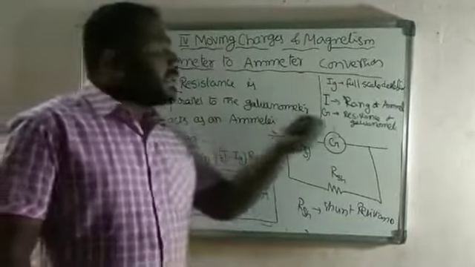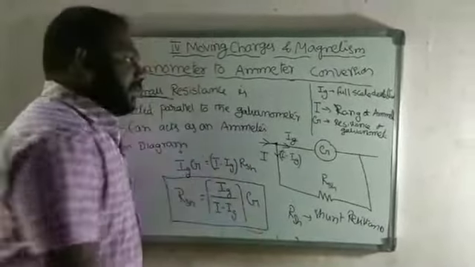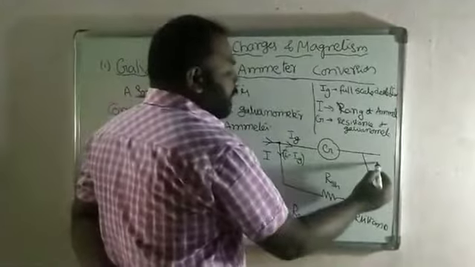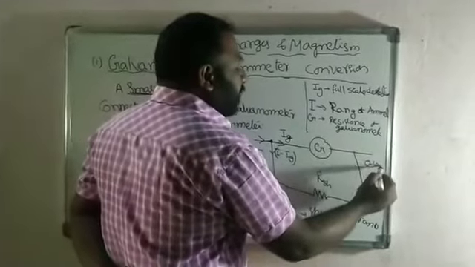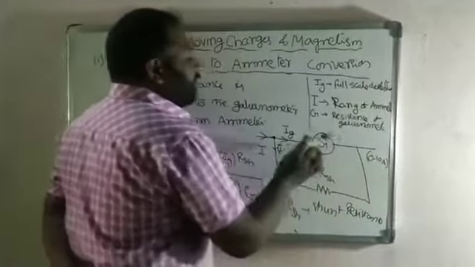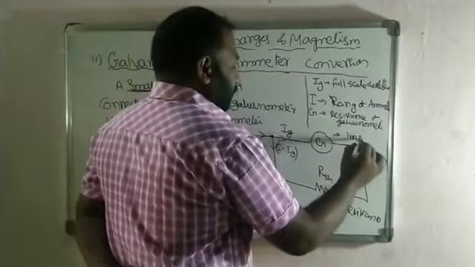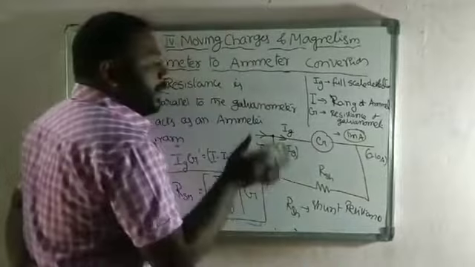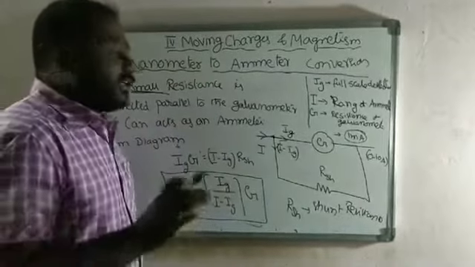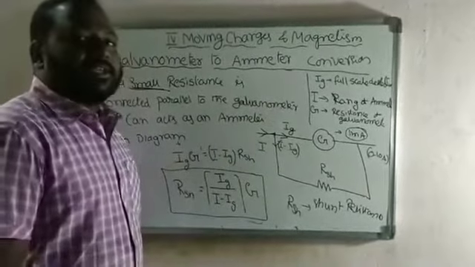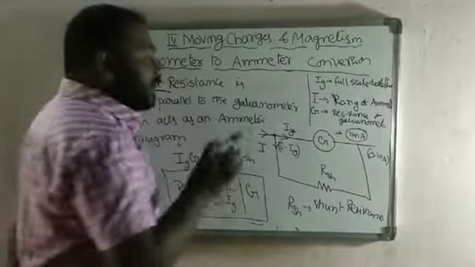What is the range? For example, they give 0 to 10 amperes. The full scale deflection of the galvanometer is given as 1 milliampere, and we convert that galvanometer into a 0 to 10 ampere range ammeter. That is called the range.